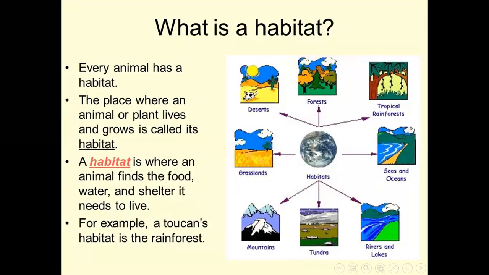The mountains or ice regions are habitats of other animals. So each kind of animal or plant has its own habitat. In this habitat, it can find the food, the water, and the shelter that it needs to live. Okay?